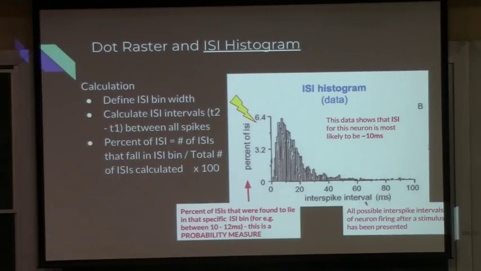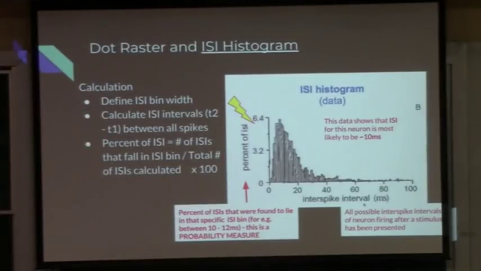The dot raster gives you information about, within a particular trial, once you've presented the stimulus, this neuron responding, firing after the stimulus has been presented, and maybe the interspike interval of that particular neuron is most likely to be 10 milliseconds. And so what you're doing now is you're defining the ISI bin width.